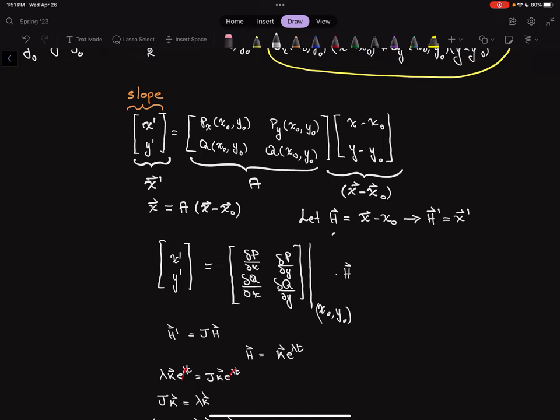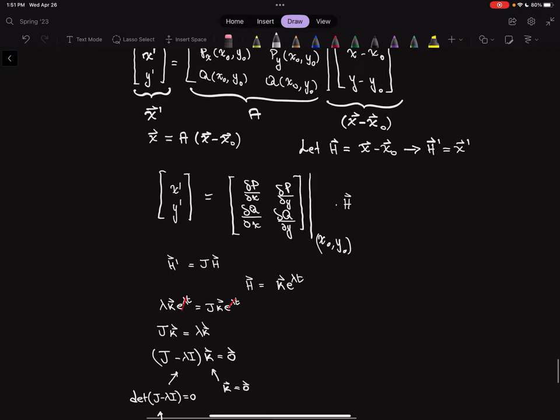And now if I let h equal x minus x naught, and I take the derivative remembering that this is just a vector of constants, then I get that h prime is x prime. So I can write that here, remembering that this is the Jacobian evaluated at my critical point.